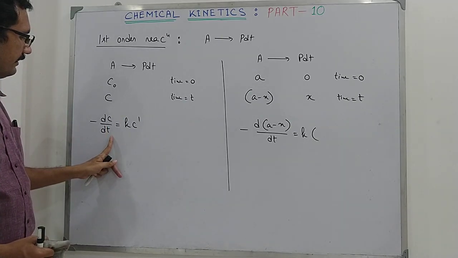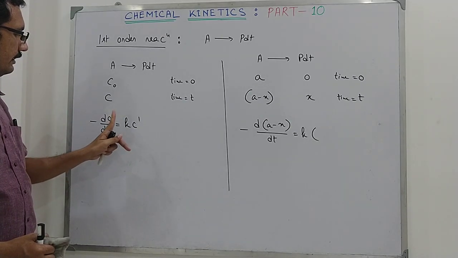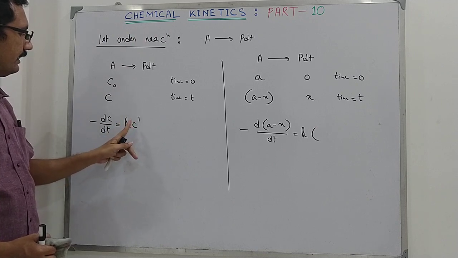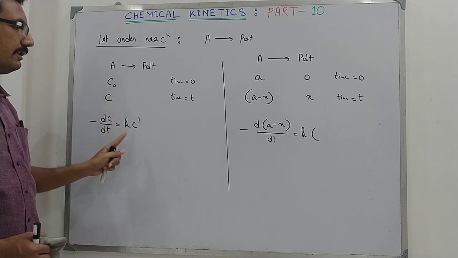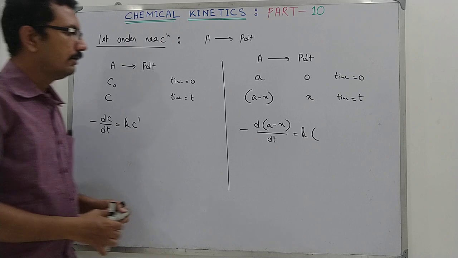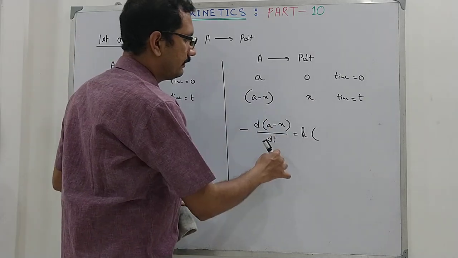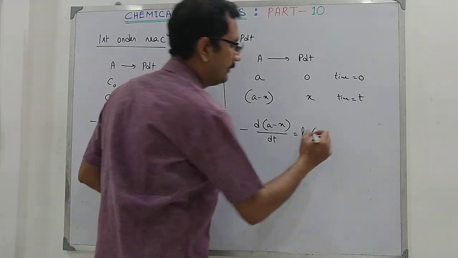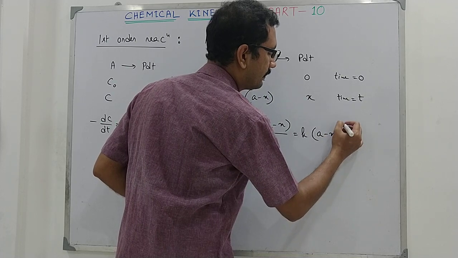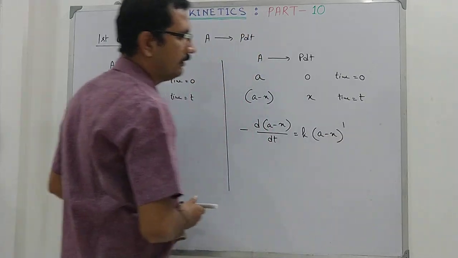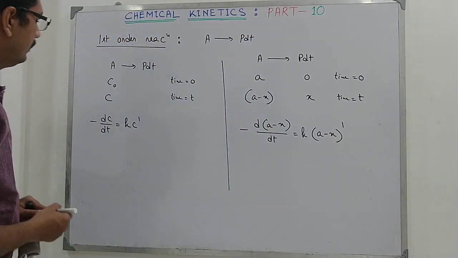So the rate must be proportional to the concentration at the time at which the rate is measured. So when we measure this rate, the concentration of the reactant is A minus X. Now here the power 1 means the reaction is first order.